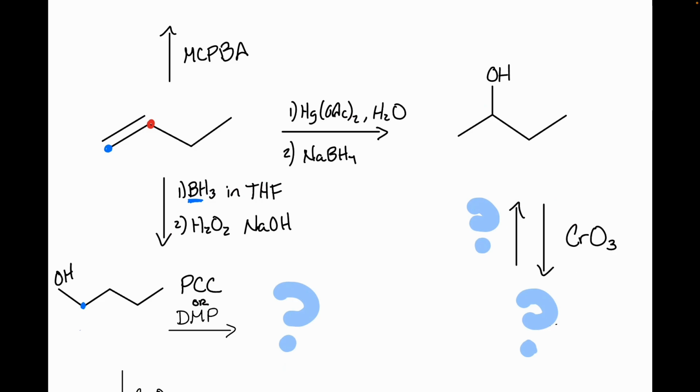Okay. For this particular one, the other reagent that we could use that would do the exact same thing would be concentrated H2SO4. I'm sorry, no. Dilute H2SO4. H2SO4 in water.